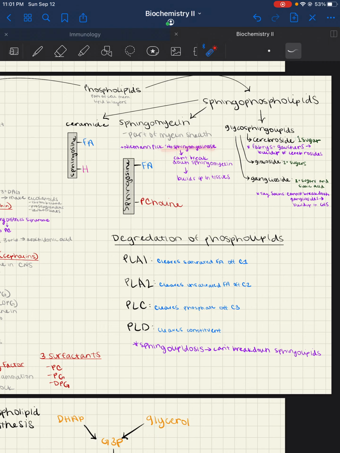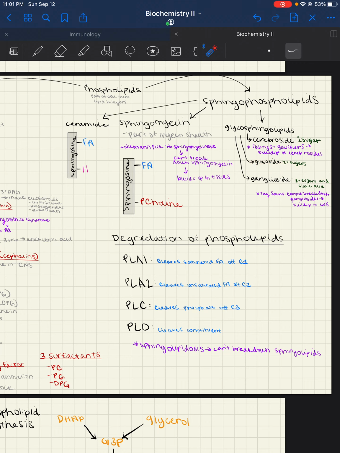If you don't have an enzyme called sphingomyelinase, you can't break down sphingomyelin. They'll build up in the tissue and cause something called Niemann-Pick disease. Glycosphingolipids, so glyco is sugar. So it's a sphingolipid with sugars. Cerebroside means there's 1 sugar constituent.